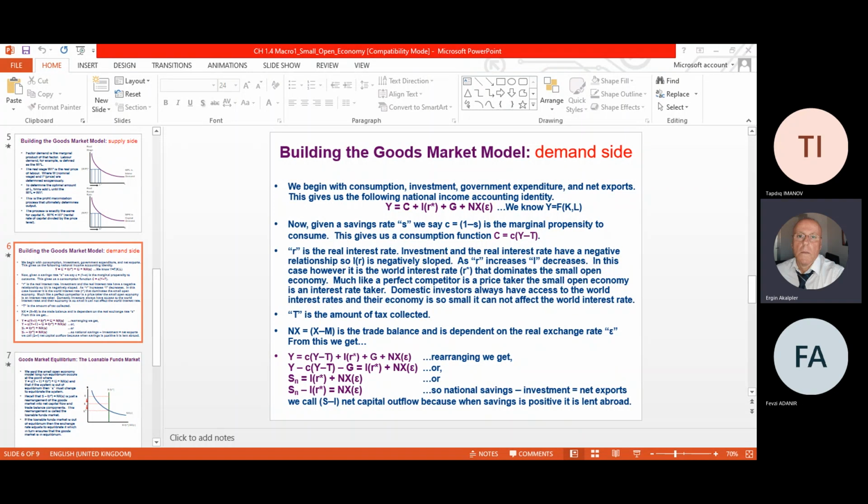And if the loanable funds market is out of equilibrium, then the exchange rate adjusts to equilibrate it, which in turn ensures that the goods market is in equilibrium, as shown here. It is reduced and reaches the equilibrium position where saving minus investment and NX intersect each other.